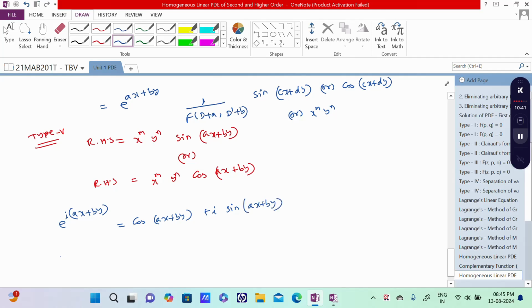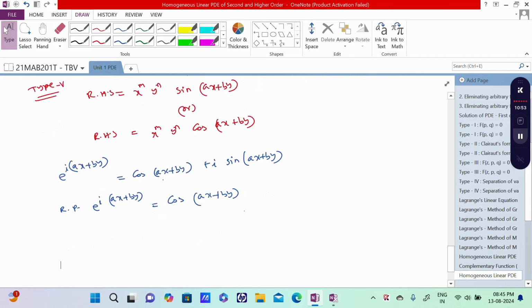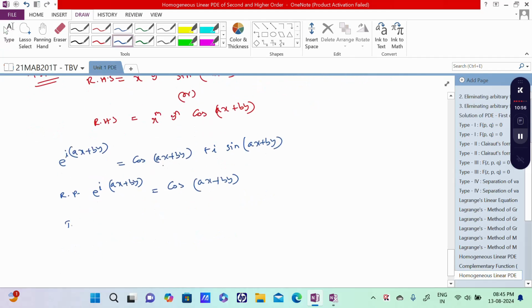The real part of e power i(ax plus by) is cos ax plus by, because this is the real part and this is the imaginary part. The imaginary part of e power i(ax plus by) equals sin ax plus by.